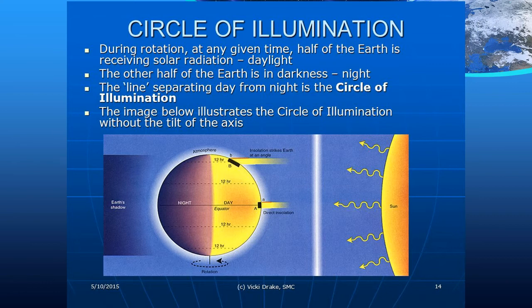The image below illustrates the circle of illumination without the tilt of its axis. The tilt of 23 degrees 30 minutes is not there, but without that tilt, how will it be? The line which is dividing the earth into daylight and night is called the circle of illumination.